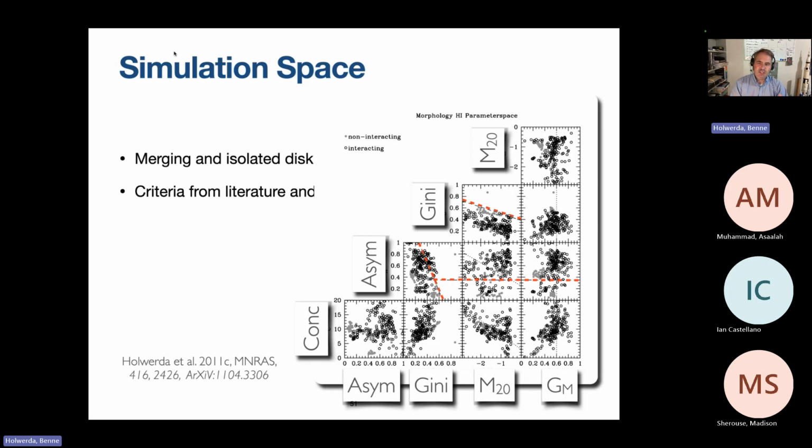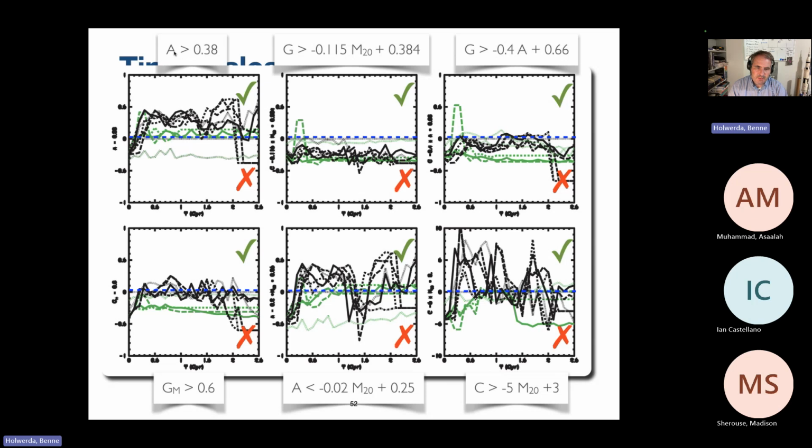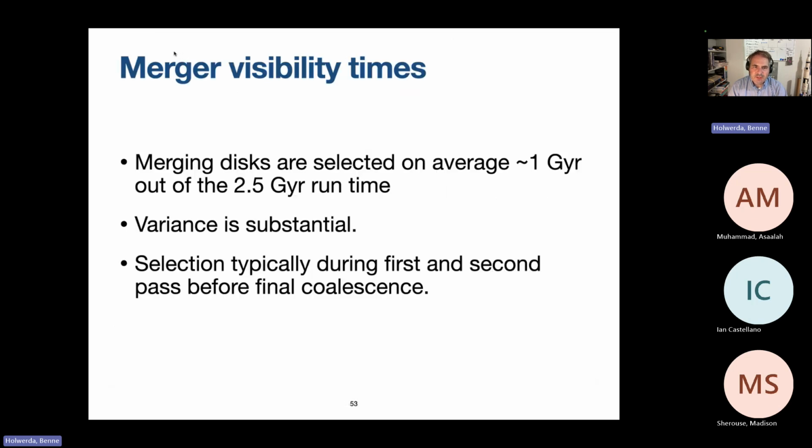You see that sometimes the whole thing has shifted a little bit because computing the asymmetry in an artificial H1 disk versus a real H1 disk can matter quite a bit. So some of these work, some of them don't. That's sort of the whole point of this slide. But the visibility time is like 1 out of 2.5 gigayears. So the variance is substantial, but yes, it's visible for longer. So this might be a viable way to do it.